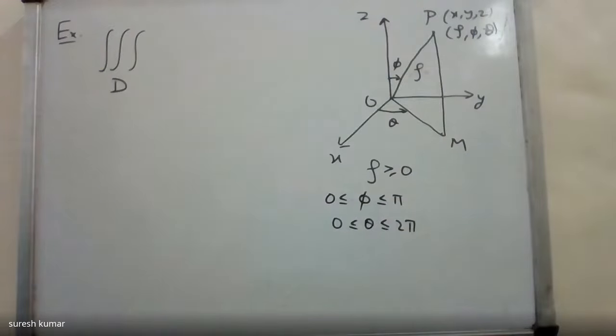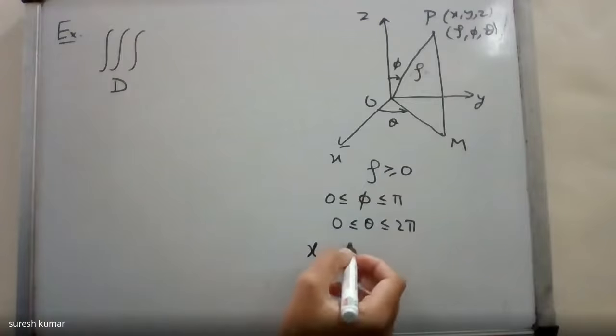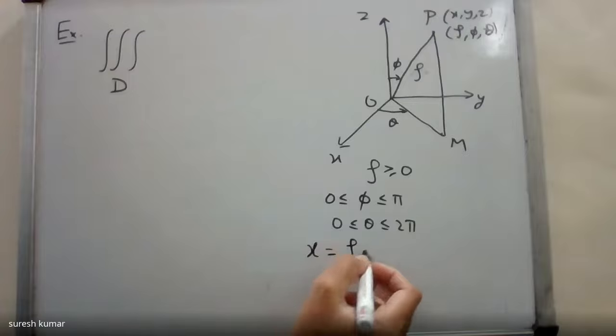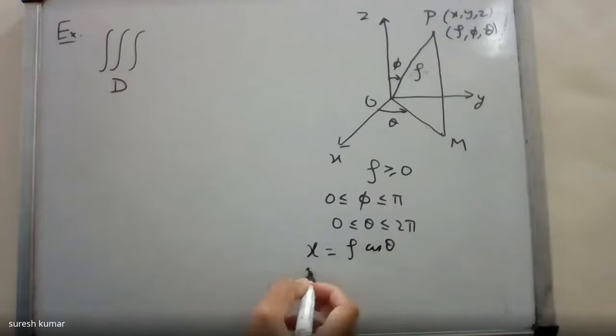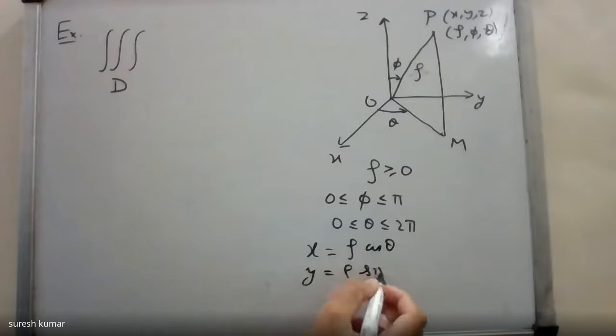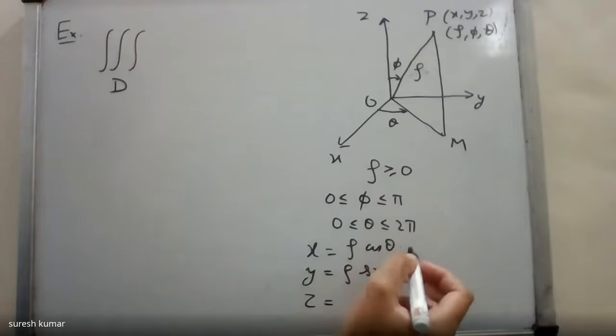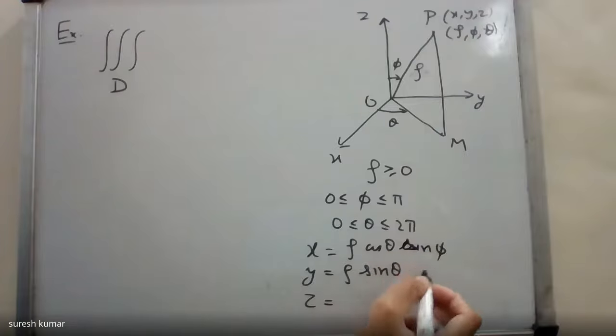After that you should recall the relations between xyz and rho, phi, theta, very important. An easy way to remember it: x is rho cos theta, y is rho sin theta. You know these are polar coordinates. In this case, rho, theta are polar coordinates for xy. When z is also there and you are dealing with spherical coordinates, these are multiplied by sin phi.